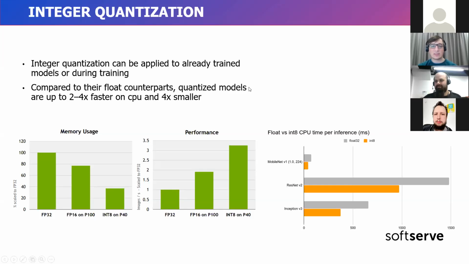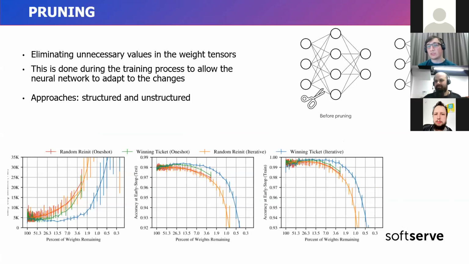And the last option for neural network optimization is pruning. So it's basically dropping some weights of the neural network. There are 2 main approaches for pruning. We have structured and unstructured pruning.